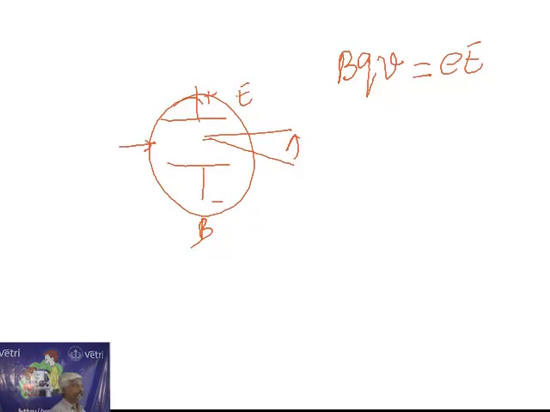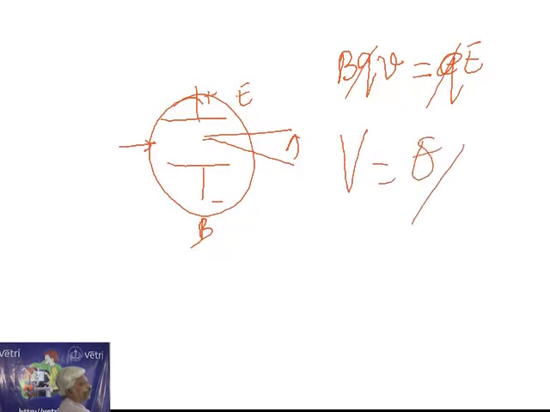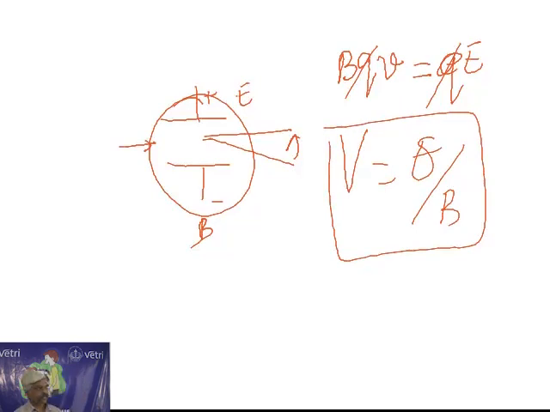So the magnetic force Bqv and the electric force qE are the same. Here q gets cancelled. Therefore v is equal to E by B. This is an important formula for the velocity selector region: velocity is equal to the electric field divided by the magnetic field.